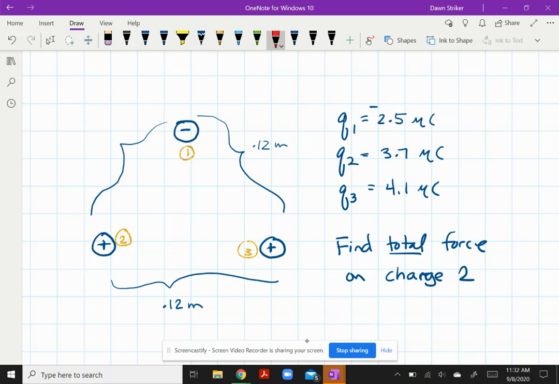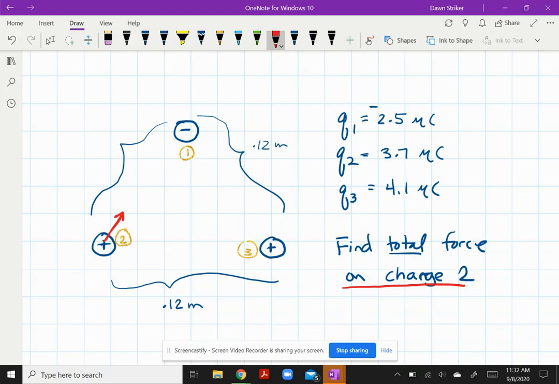Between charge 1 and charge 2, since they're opposite charges, there's going to be some attraction, right? In fact, there are actually two forces involved there: the force of charge 1 on charge 2 and the force of charge 2 on charge 1. But I'm only interested in the total force acting on charge 2, so I'm only going to draw that force.